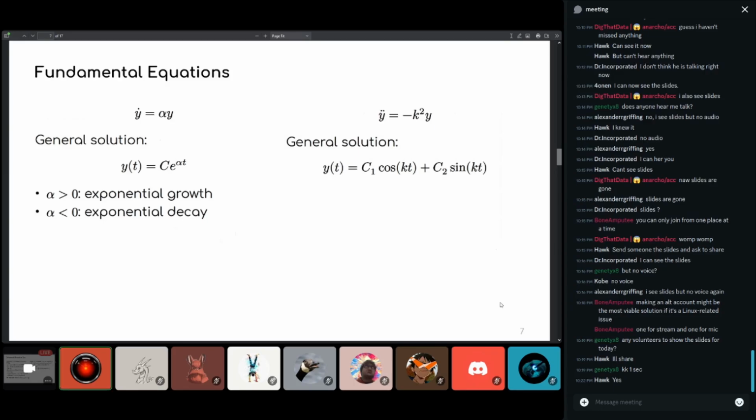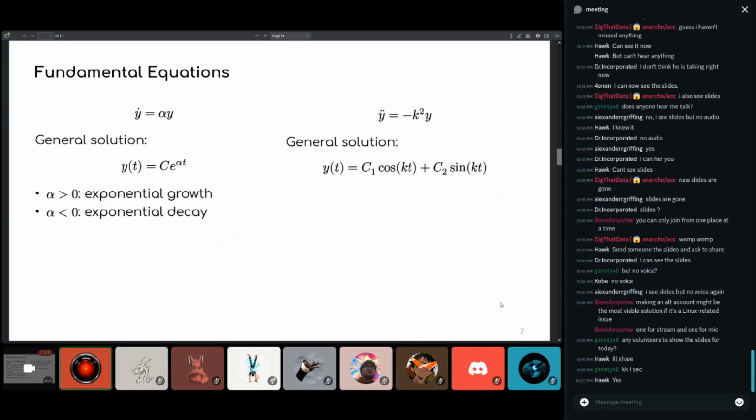The one on the right is a second order ODE. It's basically y dot dot, so the second derivative of y with respect to time, is equal to some constant times y. It's a special case of the ODE we saw previously. The general solution is going to be some combination of sine and cosine of kt.